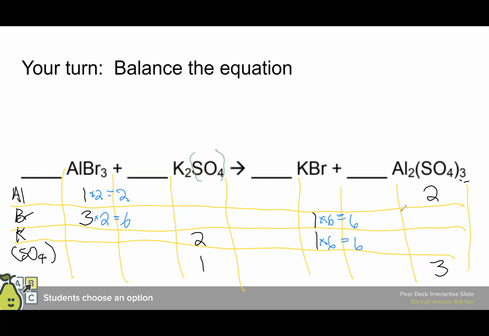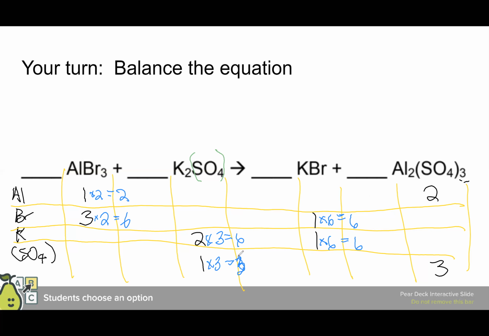I have to multiply 2 times 3 equals 6. Everything in the column multiplied by the number, which in this case is 3. 1 times 3 is 3. Okay, so checking potassium, 6 on the left, 6 on the right.